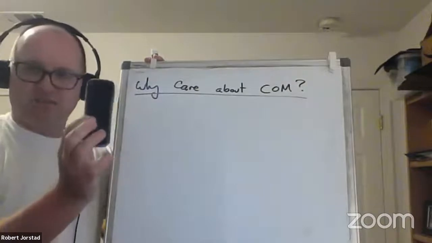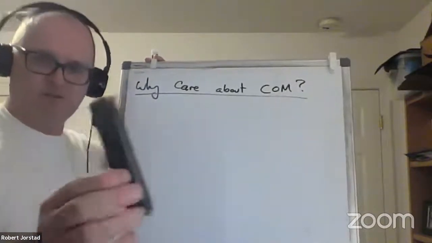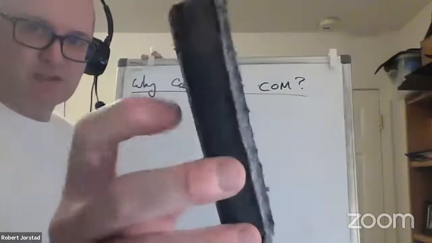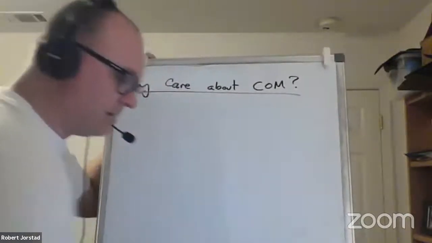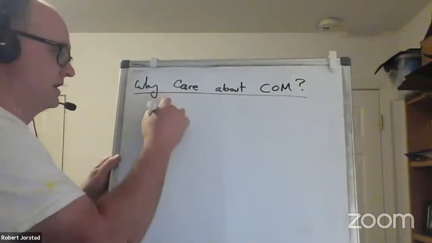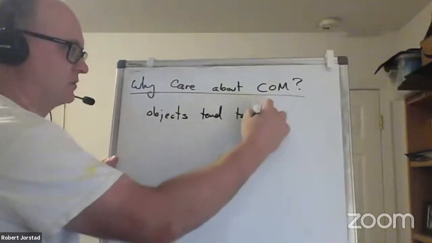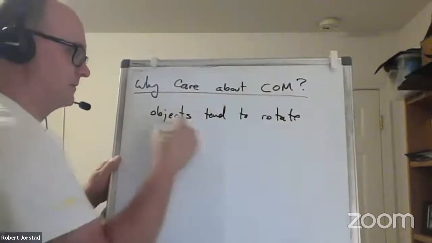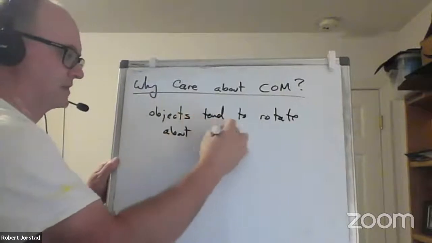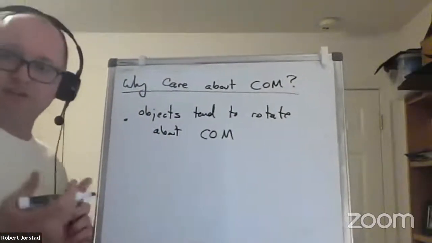We know the center of mass of this is probably right in the middle of it because it's a uniform object made out of foam, but there are two dissimilar types of foam there, so maybe it shifted a little bit one way or the other. But this is one reason. Not always, but objects tend to rotate about their center of mass. So that's one reason why this is useful in a rotation chapter.